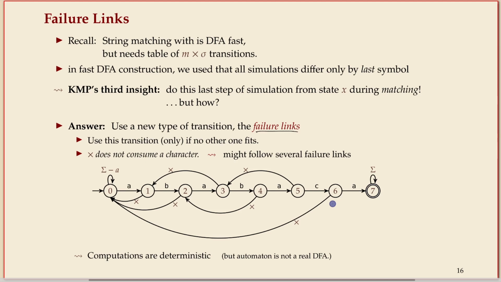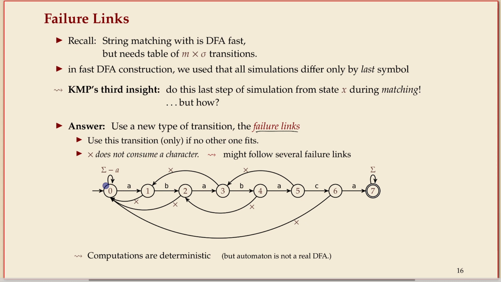So these are not automata in a normal sense. Instead, they have normal edges where you have to follow a character if you can read it. But they also have these error links, which, if you cannot follow a normal match edge, you have to take, but you don't consume the character.